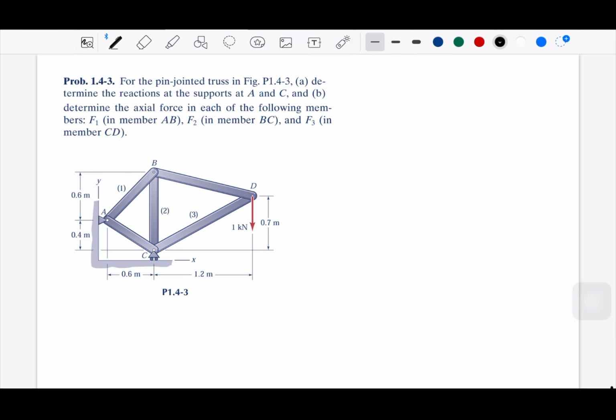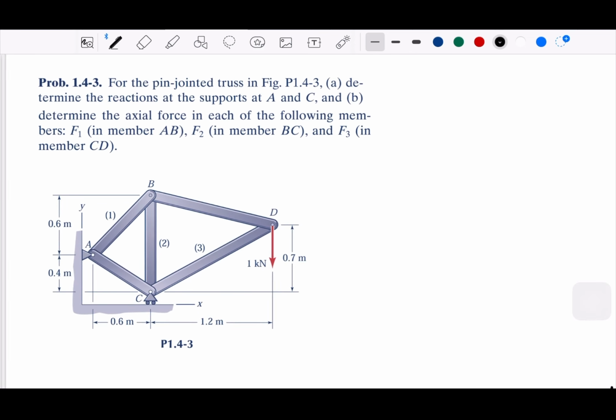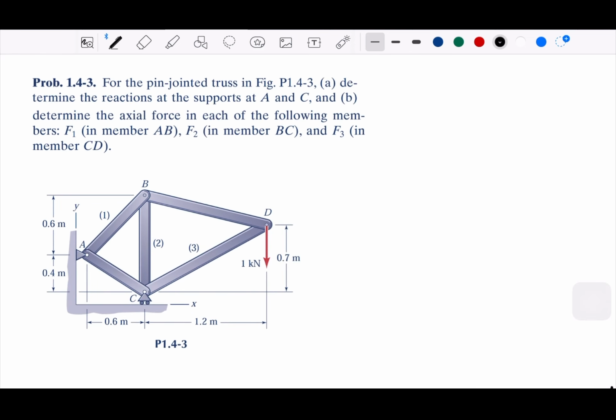The second question is to determine the axial force in each of the following members: member AB, which is F1, member BC, F2, and member CD, F3. That's the internal force. Let me mention member AB, this is one here.